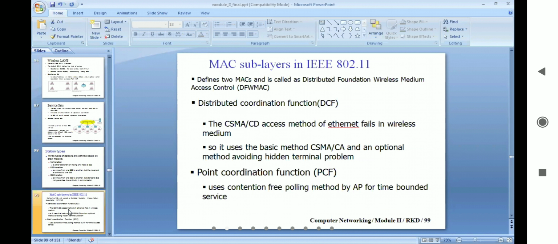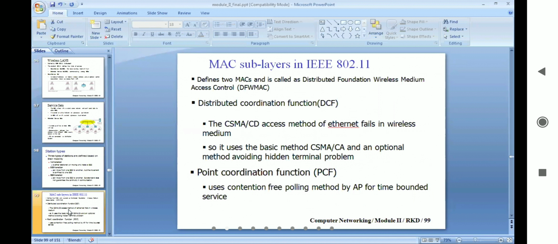Now there are other things also, because your physical layer defines the medium for the communication, whether wired medium or wireless medium, and it will be handled by the physical layer. So there are some rules in IEEE 802.11 for how the physical layer will decide the medium for communication among different wireless devices. For this, they have to implement some mechanisms or techniques.